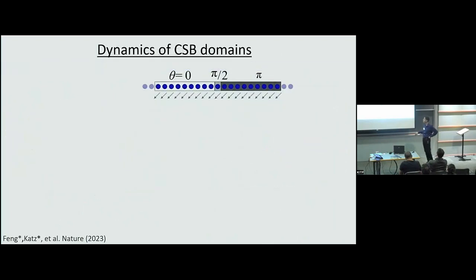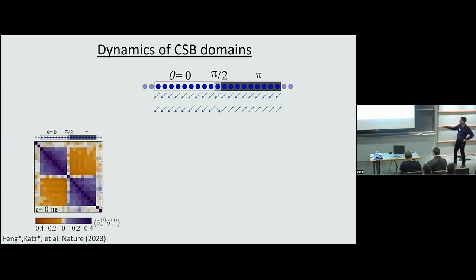Another thing that we can study is non-equilibrium dynamics. For example, we can initialize our chain in the continuous symmetry breaking phase, with an arbitrary angle of the spins where they point in the plane. And then we can apply a pi phase shift, so that the other side would point the other way.